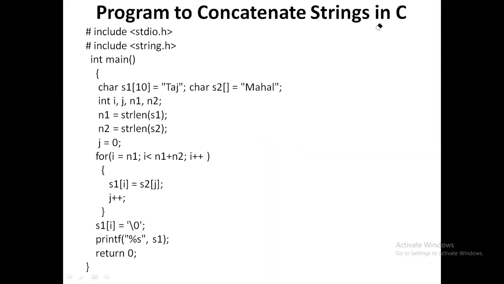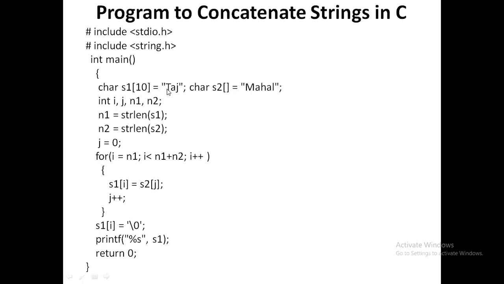So now we will be discussing the next program. The output is Taj Mahal. You can see what I have done in the last step: print %s. If I keep %s like this, the whole string will be printed, percentage as S1.